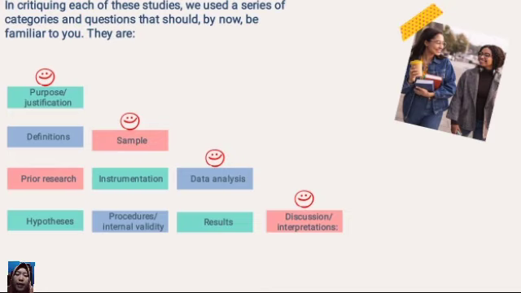Next is data analysis. We can use questions like, are data summarized and reported appropriately? Are descriptive and inferential statistics used appropriately? And are the statistics interpreted correctly? Are limitations discussed? Next is results.